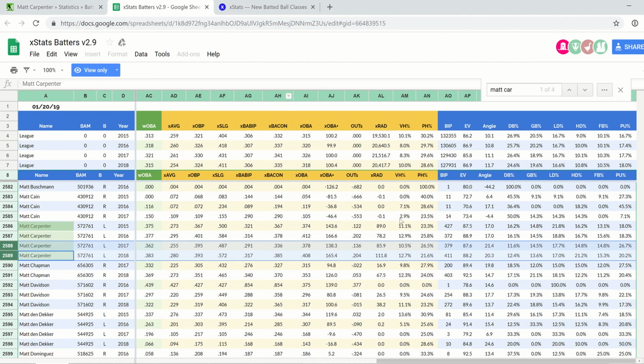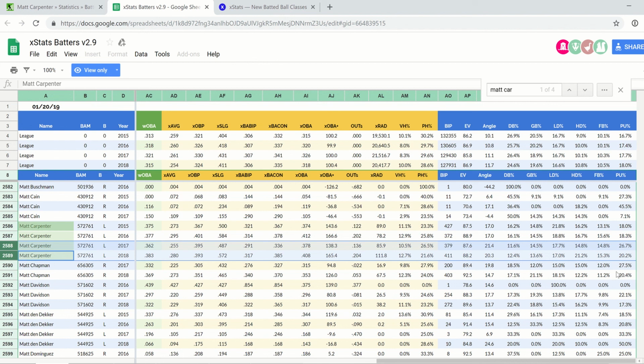And so that's a little bit about why I think xstats.org is such an important tool for fantasy players: being able to look more precisely at the type of batted balls that are being hit by batters, the batted ball quality. The most precise you can get is launch angle, but just putting them into these three buckets of different fly balls does so much for your understanding of how well a hitter is hitting the ball.